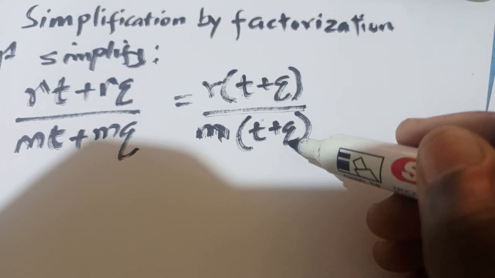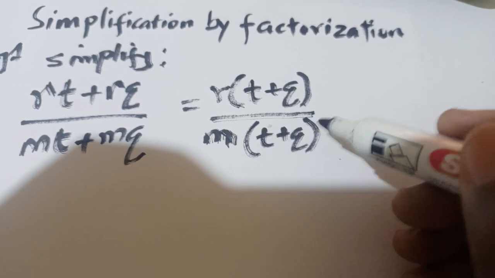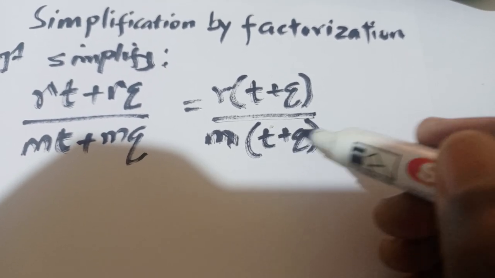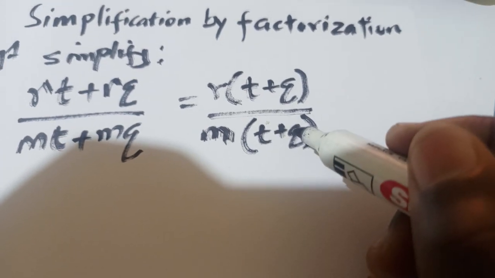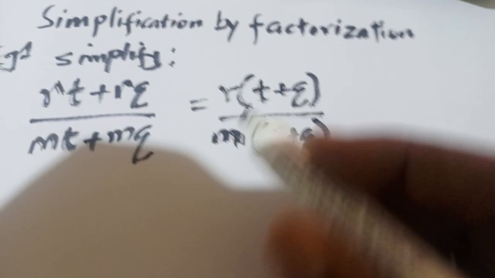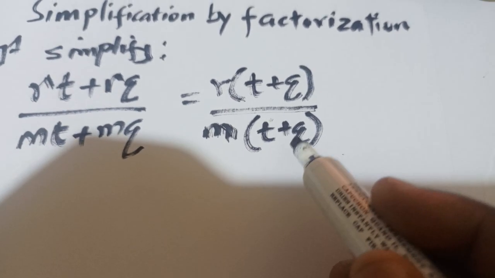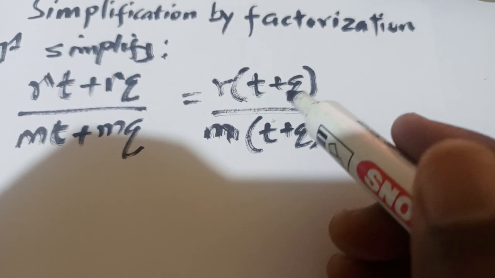When you put something in a bracket, what is in the bracket is considered to be one thing. So T plus Q is considered to be 1, even though we have T and Q. So in the denominator we have two factors, M and T plus Q. In the numerator we also have two factors, R and T plus Q.